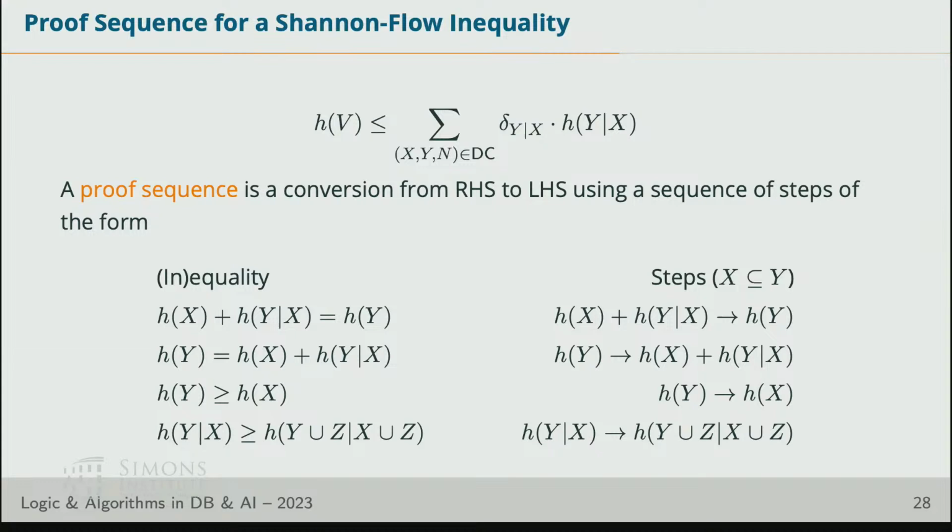You can do submodularity. And then, I didn't show this in the examples, you can also use monotonicity to replace a bigger term by a smaller term. In this sequence, you go from a bigger sum to a smaller sum, and eventually you get to the left-hand side of the inequality. So that's a proof sequence.